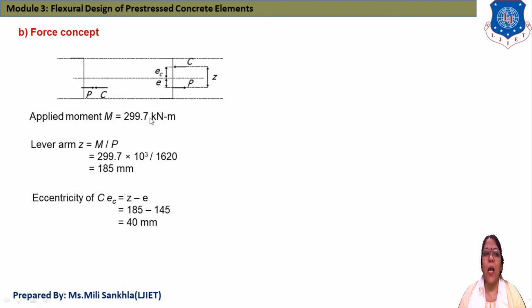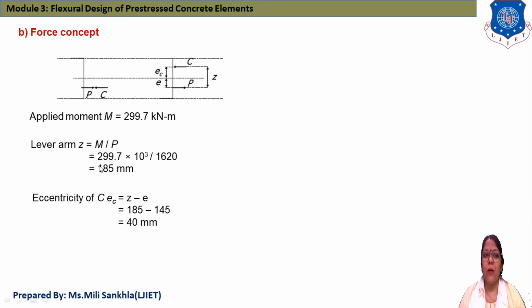Now one by one, the applied moment M is WL square by 8, that we already found, 299.7 kilonewton meter. Now the lever arm Z is equal to M by P, because what is M? M is equal to P into E, but here two eccentricities are given, and the vertical distance EC plus E is our lever arm for this force concept.